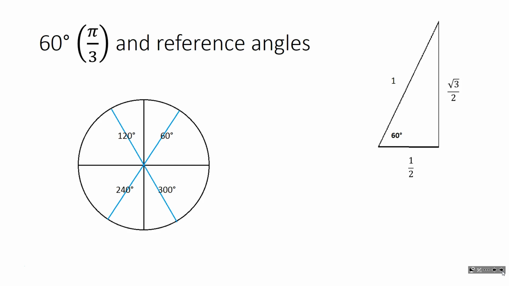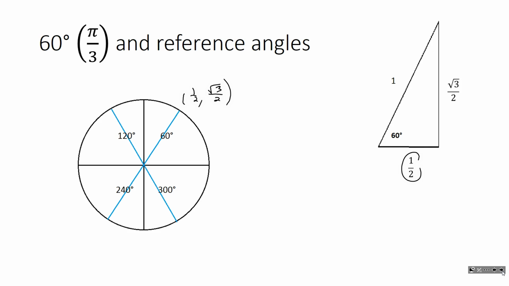For 60 degrees, look at the triangle over there to the right. And notice that the x, that is the horizontal side, would be 1/2. The vertical side or y side would be square root of 3 over 2. Please notice that these other angles are all exactly 60 degrees away from the x-axis.